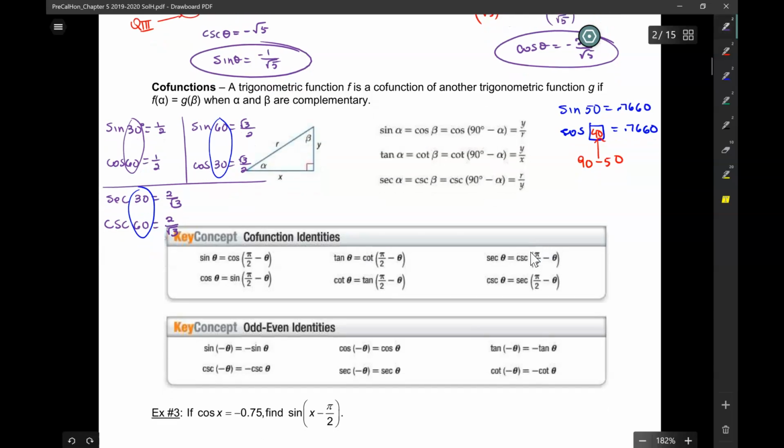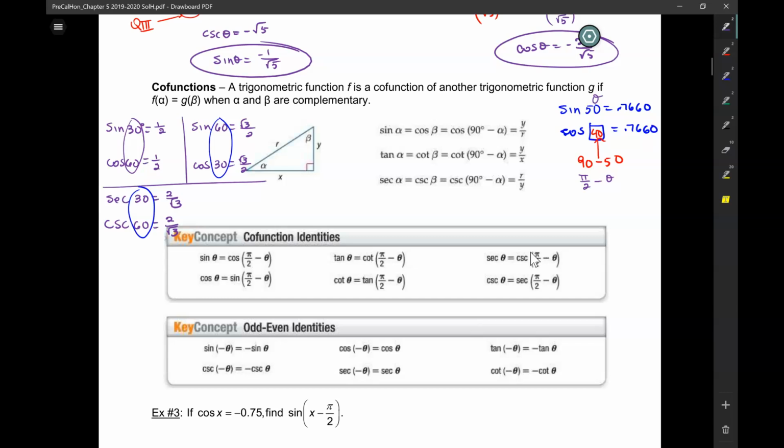So now, if my angle was given in radian, and that was theta, how would I find what goes in here in radian? It wouldn't be 90 minus the angle. It would be what minus the angle in radian? Pi over 2 minus the angle.